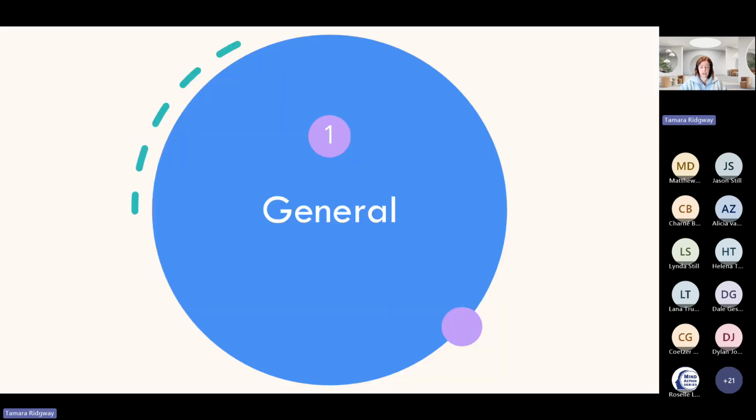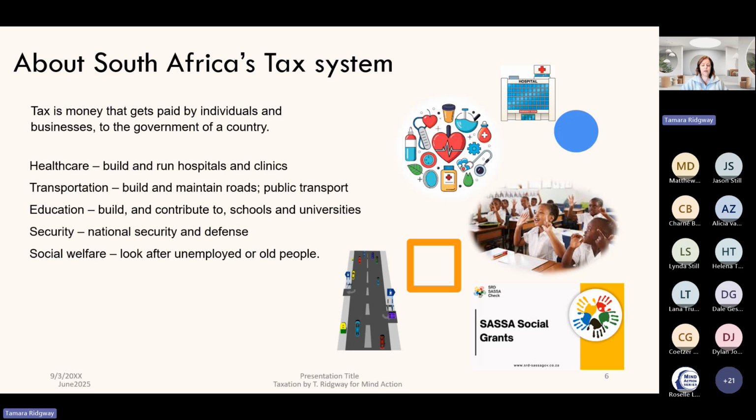I'm going to start with general. So this is lots of talking, but at the same time, interaction from the students. What is this whole tax thing that we need to get focused on? Tax is money that gets paid by individuals and businesses to the government of a country. Why?